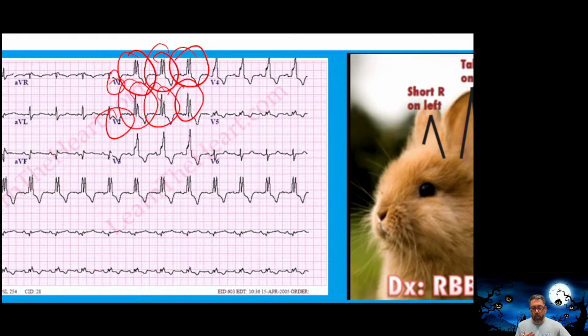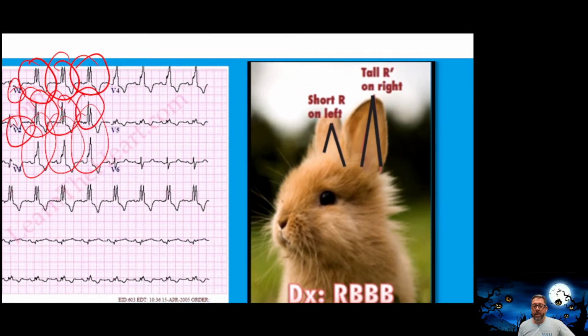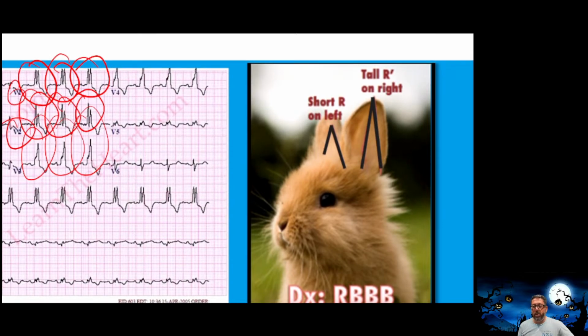If it's on V1, V2, it's the right side of the heart. So know where they are looking at the heart, but also what side, left and right side of the heart. So when you see that RSR pattern, the little bunny ears, in V1, V2, it's a right bundle branch block. That's the only place it can be.